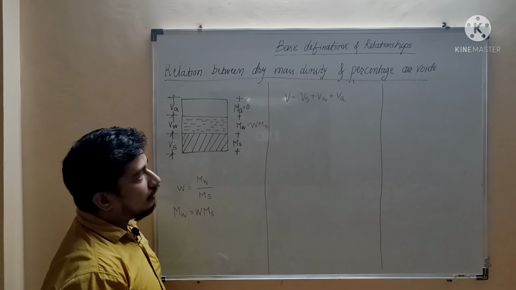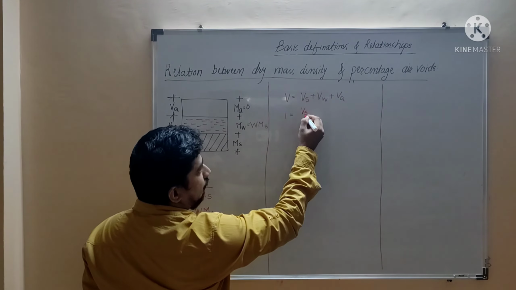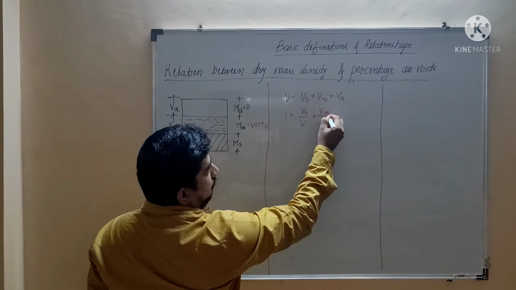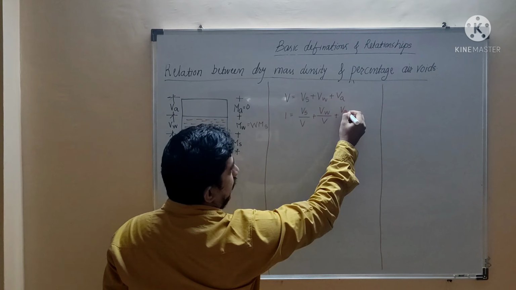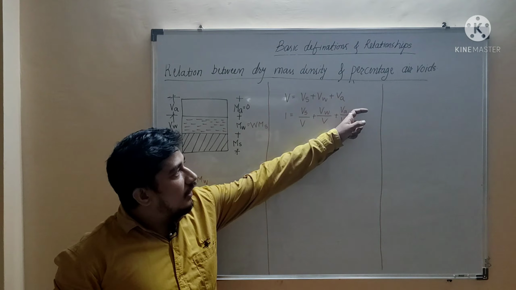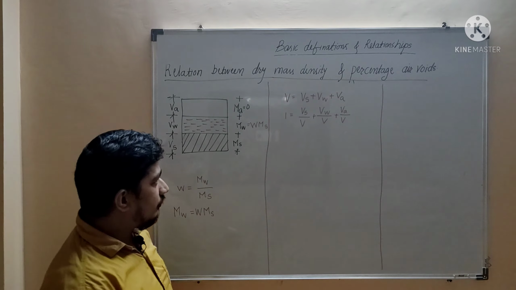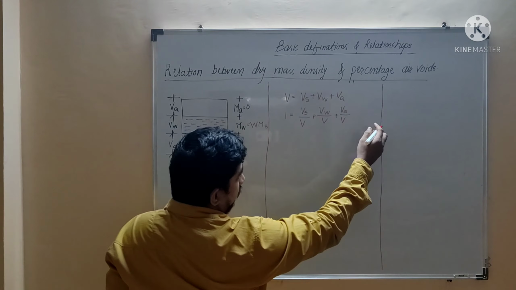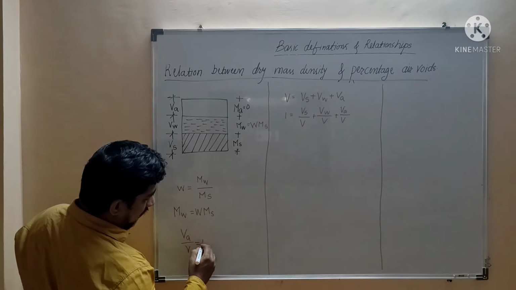Dividing by V on both sides, we will get 1 equals Vs by V plus Vw by V plus Va by V. Volume of air divided by total volume of a soil is nothing but Na.